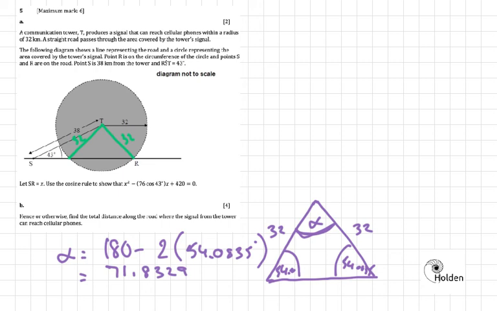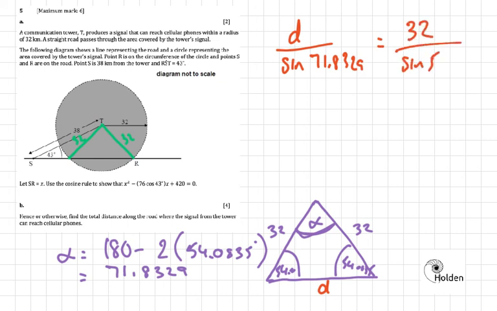Then if we rework the values, we're trying to find the distance D. So D over sine of 71.8329 is equal to 32 over sine of 54.0835. When I'm typing these numbers into my calculator, I'm not using the 6 significant figures, I'm using the whole value that my calculator gives me.